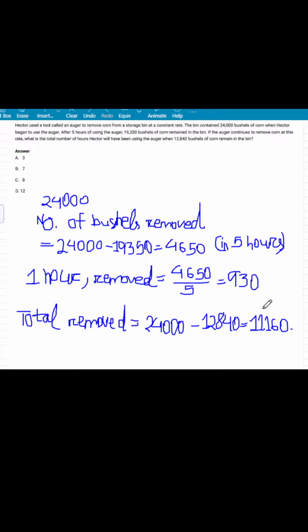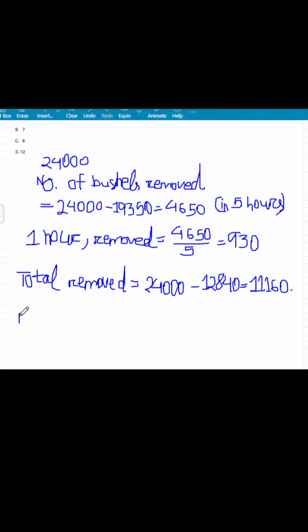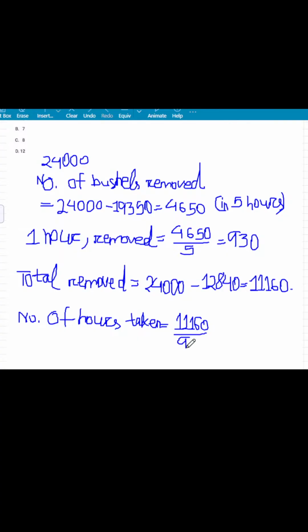If this is the number of bushels removed, then we have to find how many hours it took to remove these. The number of hours taken will be equal to 11160 divided by 930, which is the per hour removal rate.